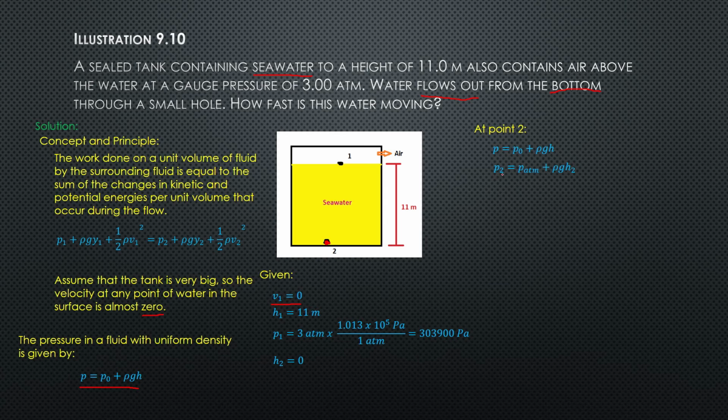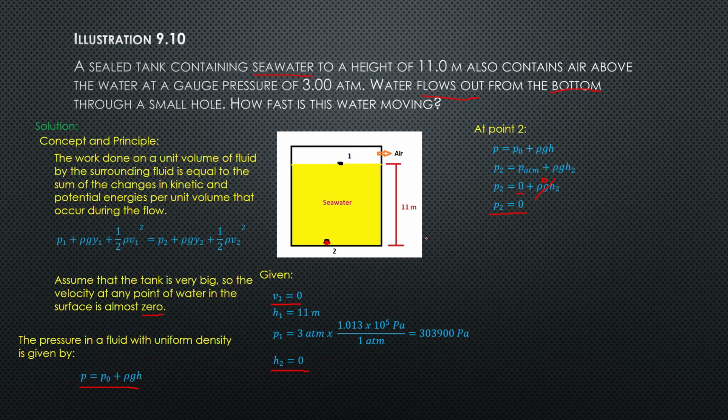So at point 2, the pressure will be equal to the atmospheric pressure plus density times gravity times height. Since the atmospheric pressure is 0, then gauge pressure, this is the density of seawater, then this is acceleration due to gravity, and height 2 is at the bottom, so that gives us 0. So this is also 0. So the pressure at point 2 will be 0.